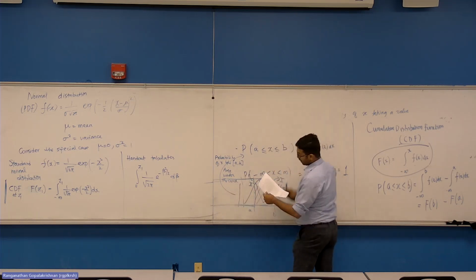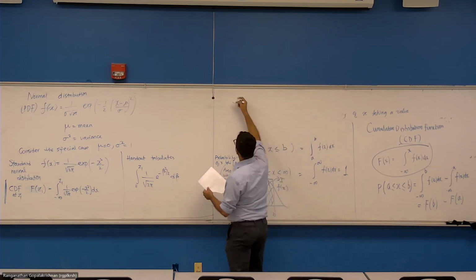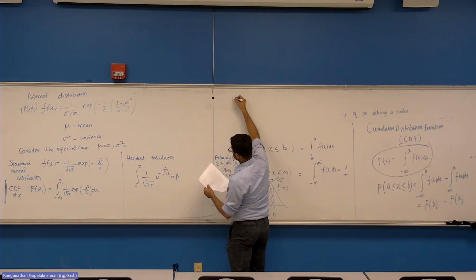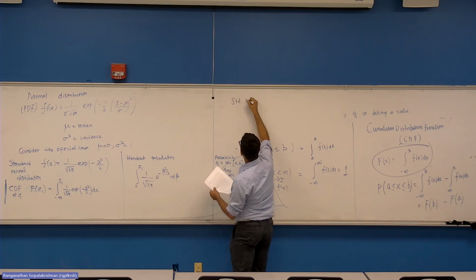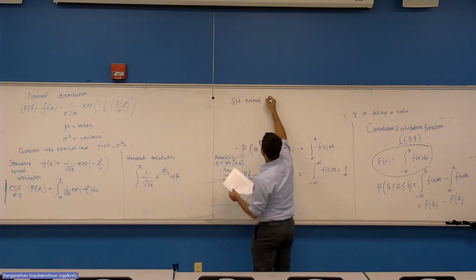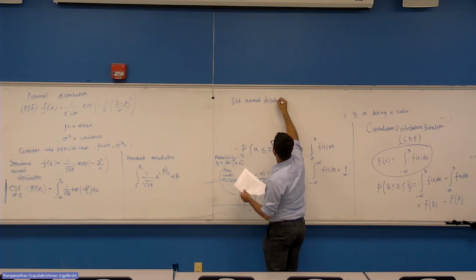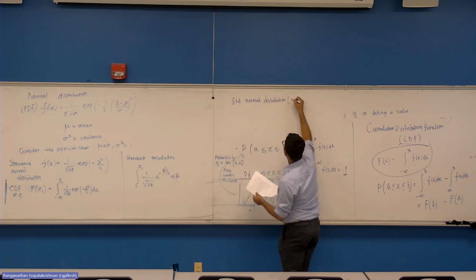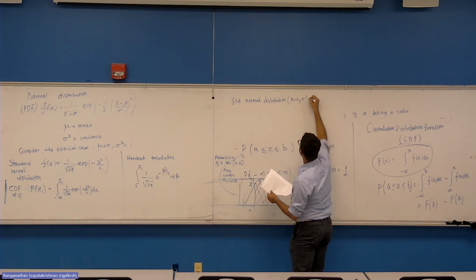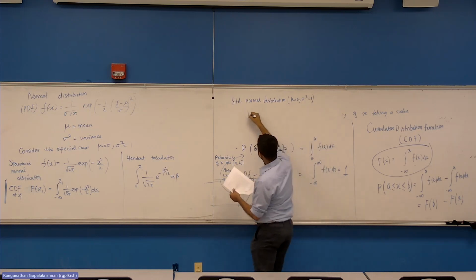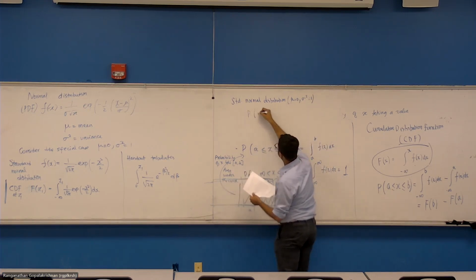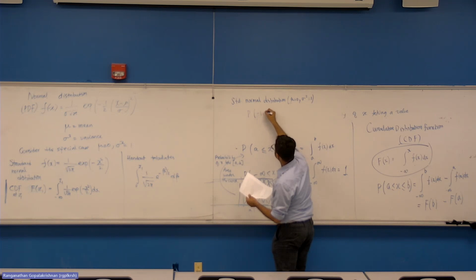I want you to calculate from the sheet, for a standard normal distribution. Whenever I say that, what you're supposed to think is that the mean is 0 and variance is 1. Calculate the probability of x lying between -1 to +1. Go.